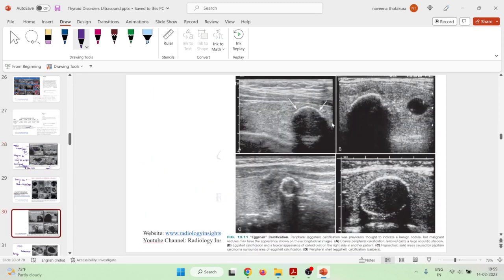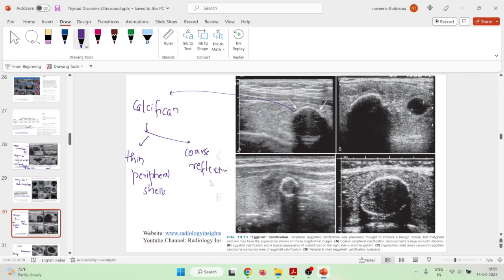Sometimes what happens is these degenerative processes, that is liquefactive degeneration, will result in the formation of calcification. These calcifications can be of two types. One, they can be thin peripheral shells like eggshells, or they can be coarse reflective foci. So if you see this picture here, this is the calcification.